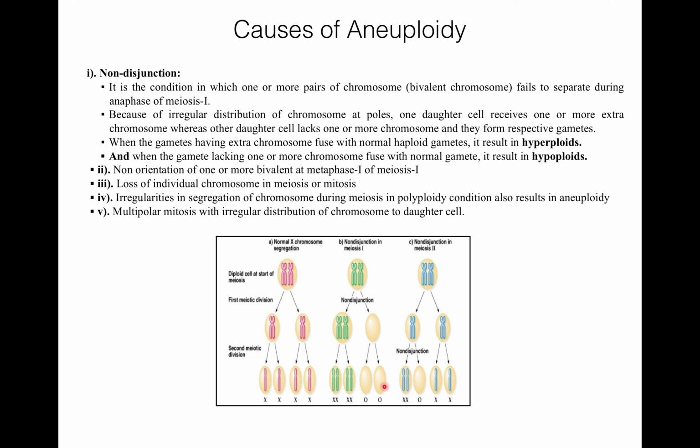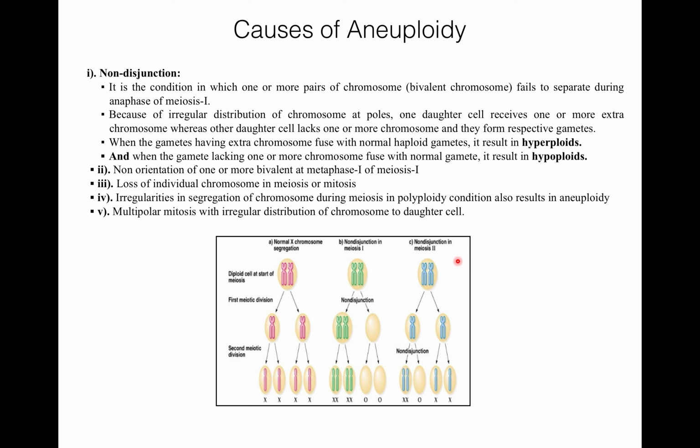After the second meiotic division, you can see these gametes will be without any chromosome, but in these gametes there are double chromosomes. So instead of having X only, there is XX. Here again you can see XX instead of a single X. It should be like this, but now you can see XX, XX and 0, 0.